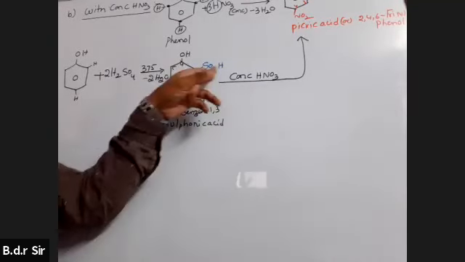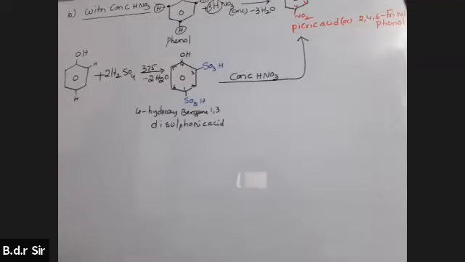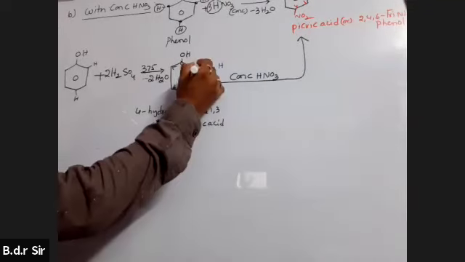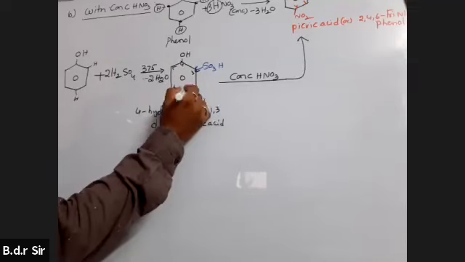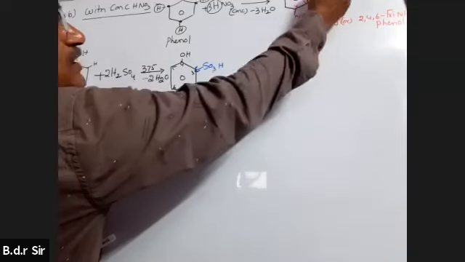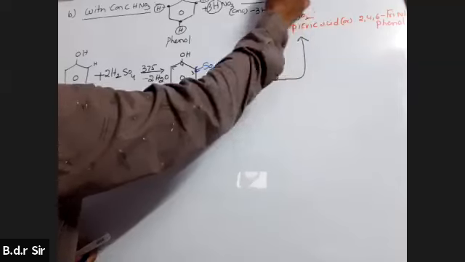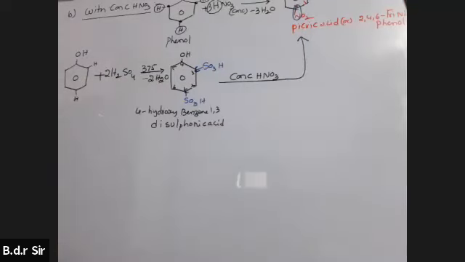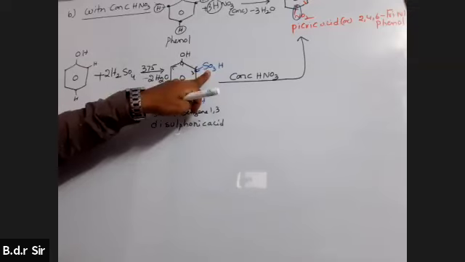Sir, how is the sulfonic acid replaced by nitric acid? Observe the bonds here. Carbon to sulfur, carbon to sulfur. Here, carbon to nitrogen, carbon to nitrogen, carbon to nitrogen. Here the carbon to sulfur bond is easily removed.